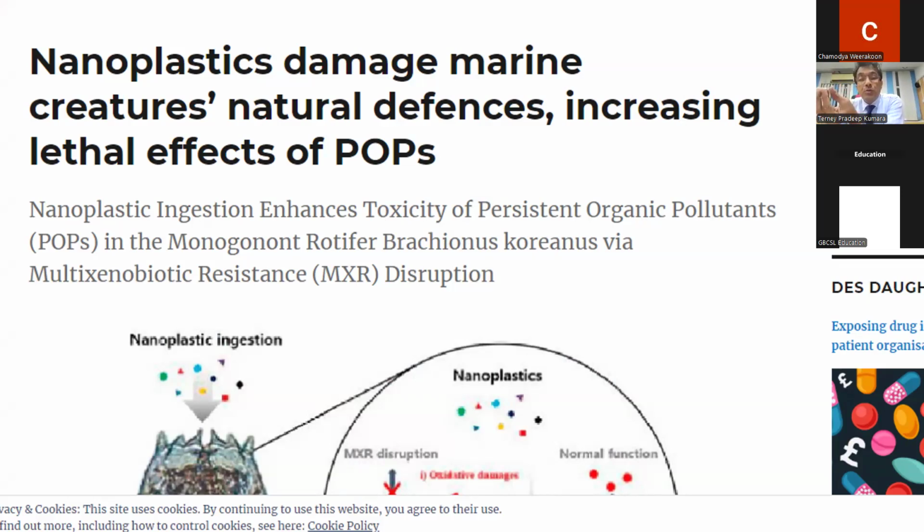They also absorb chemicals, right? So they also absorb POPs, persistent organic pollutants, right? Therefore, these small particles we can declare as small toxic bombs. So when animals filter feed, they not only take plastic, they also get a huge amount of toxic compounds into their bodies.